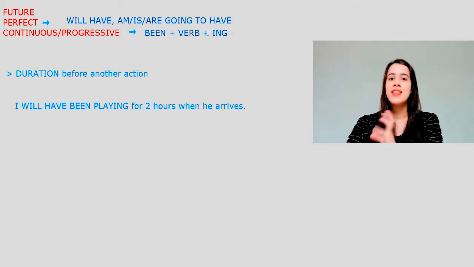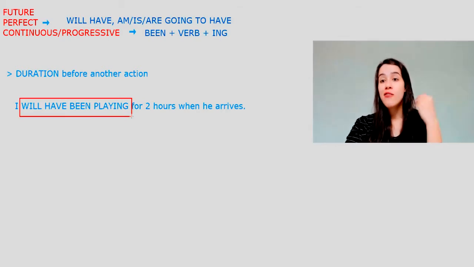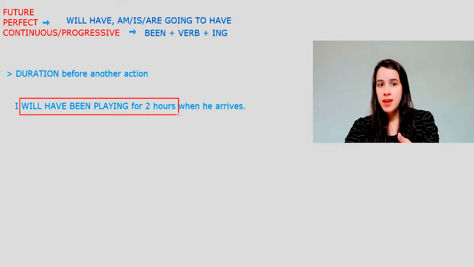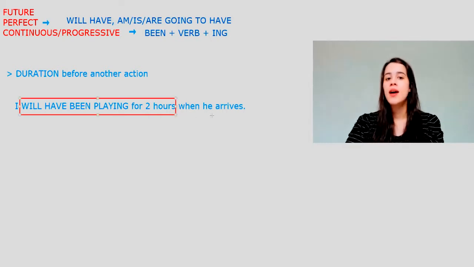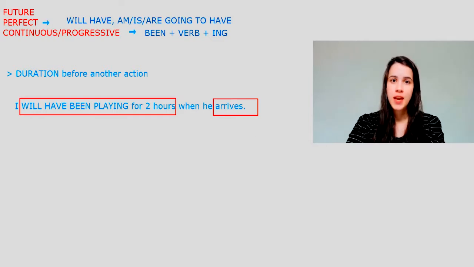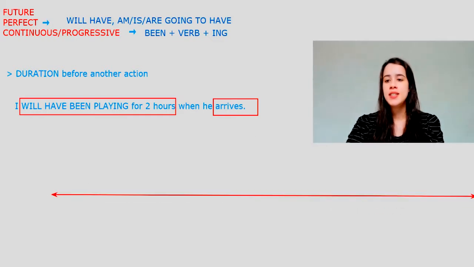It means that the first action, a progressive action, will have been completed after this time that I mentioned, when another action happens in the future. Imagine that this is a timeline, and here is the present, and all the way to the right is the future.